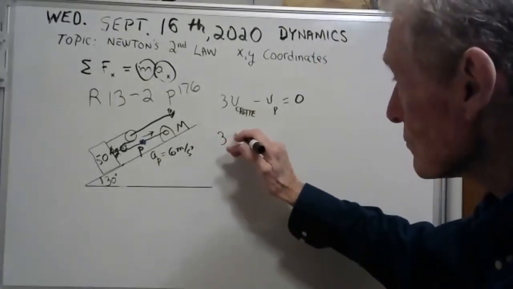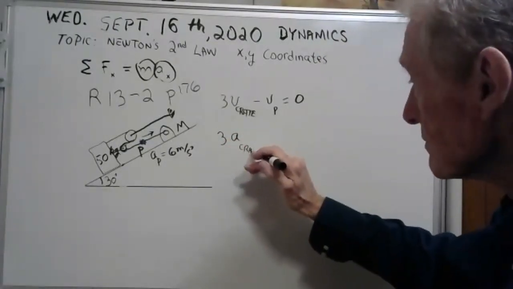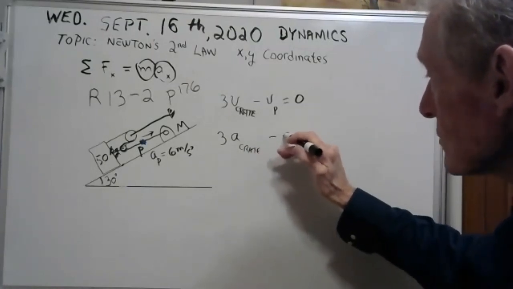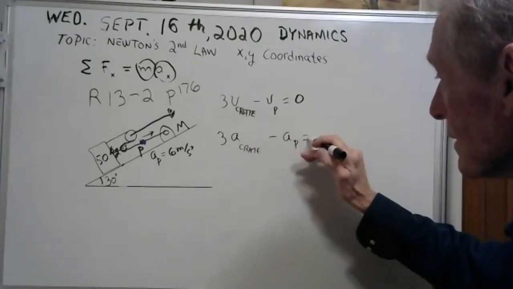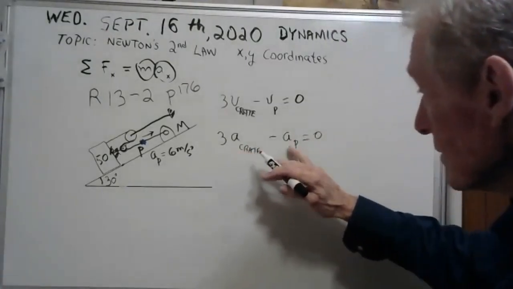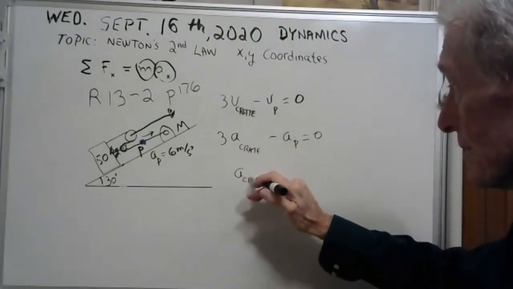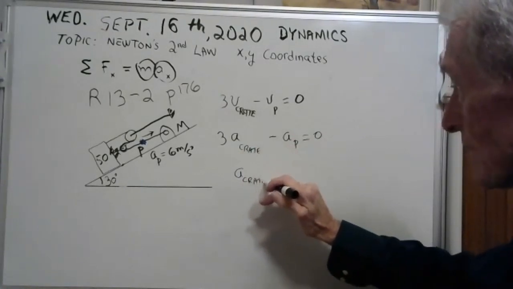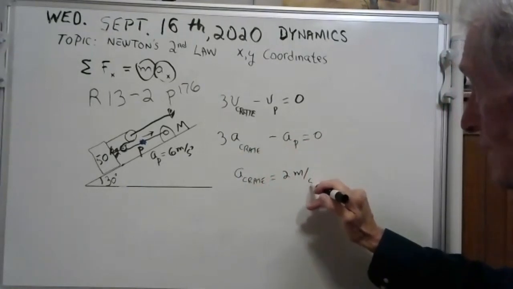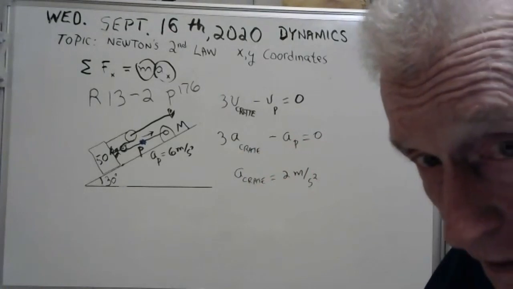If you take the derivative, then you have 3 times the acceleration of the crate minus the acceleration of your point P equals 0. Now, if the acceleration of point P is 6, then the acceleration of your crate is 2 meters per second squared. Did I lose anybody on that?